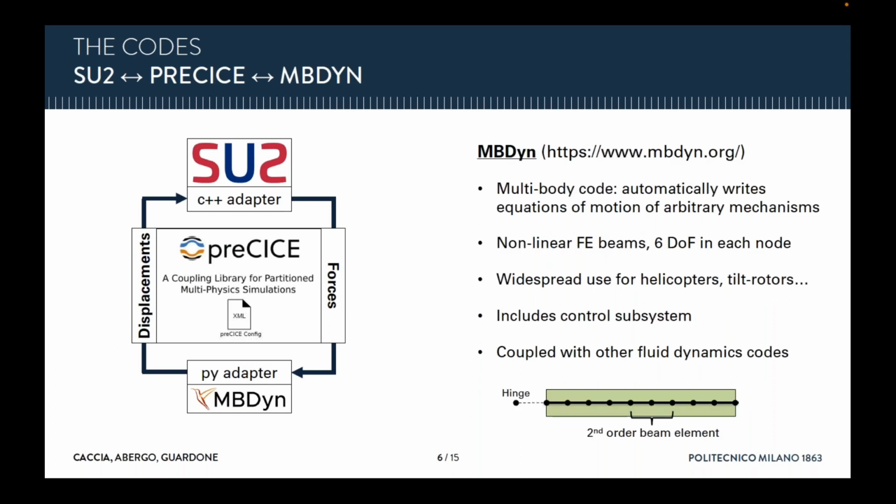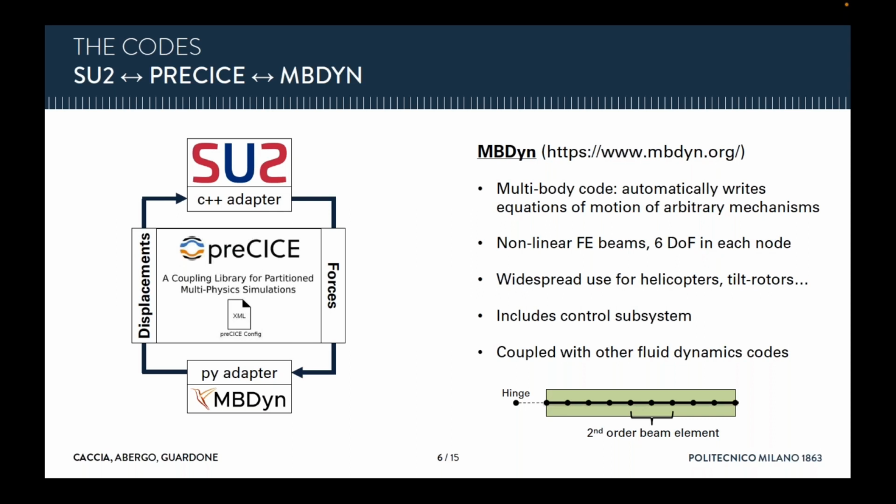Regarding MBDyn, it is a multi-body code, so we can describe the kinematics of some arbitrary mechanisms, and this gets translated into equations of motion that get solved. And here at the bottom, we can see a very simple example of how it can work. We have some nodes that can represent these different things.